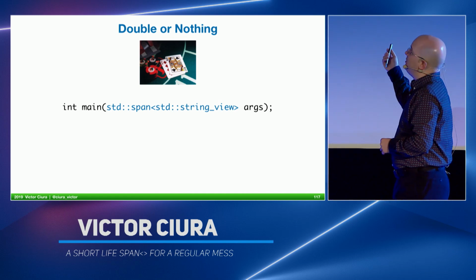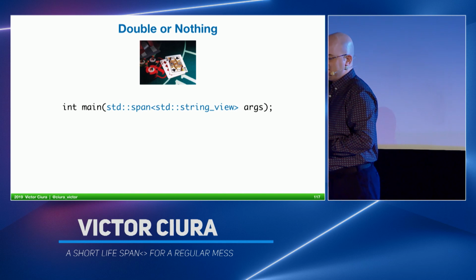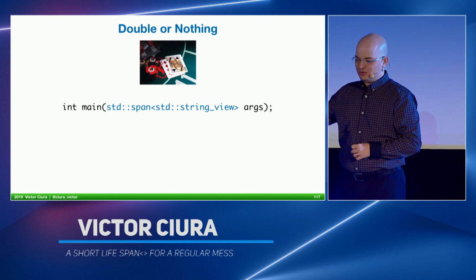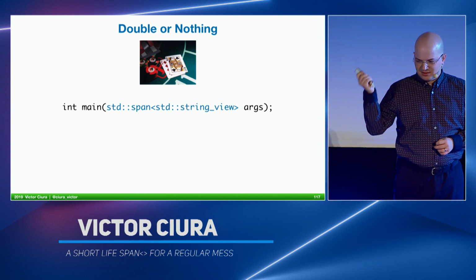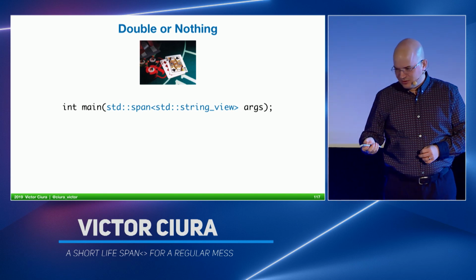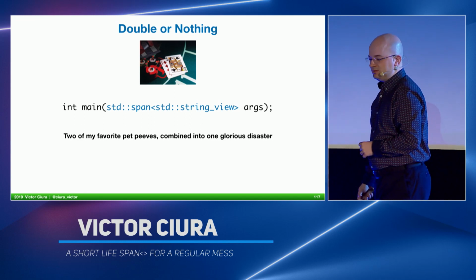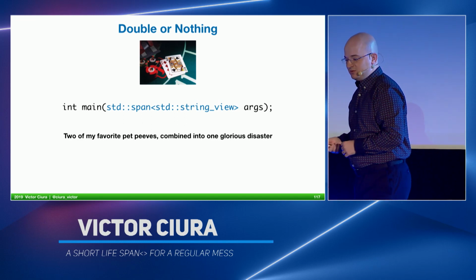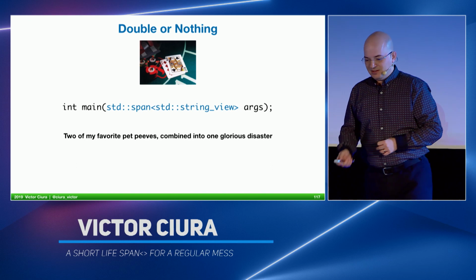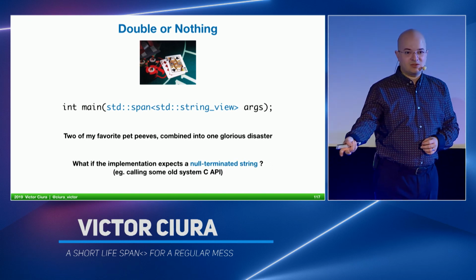I don't know what your opinion is on this little thing, a new kind of main. I saw this on the internet. I think somebody tweeted that. I don't remember exactly. It basically combines two of my pet peeves into one glorious disaster. And this is because it looks attractive.